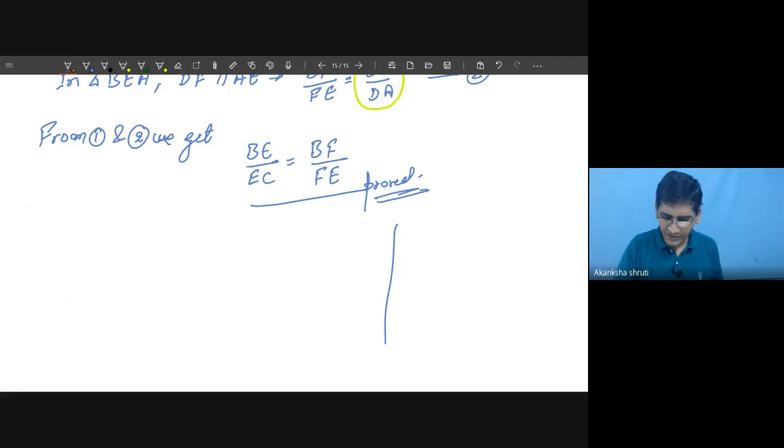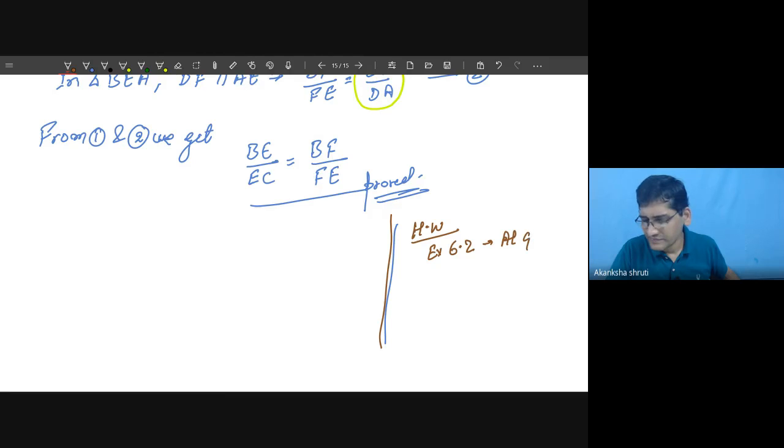Write down the homework: exercise 6.2, all questions, up to the end. Okay, please do this much, and please do frequent revision of your topics.